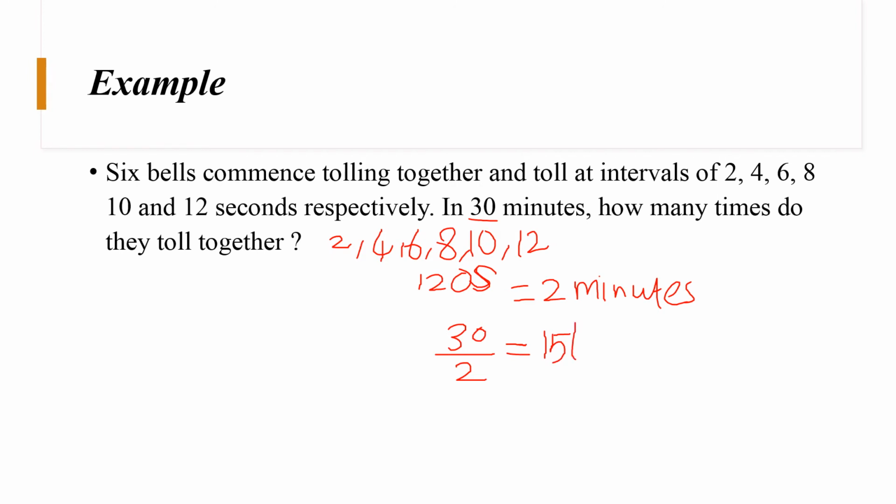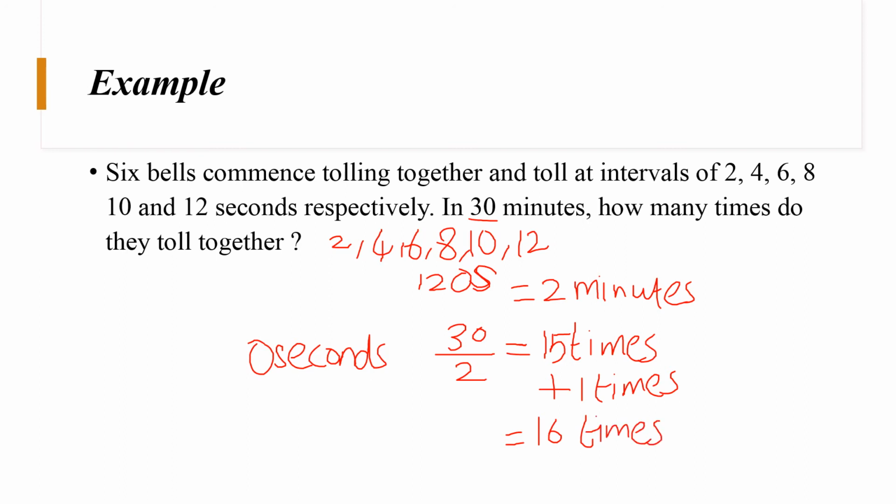So 15 times the bells toll together, and initially the bells tolled together at 0 seconds. So we are going to add one more time, that is plus one. So the bells toll together in 30 minutes 16 times.